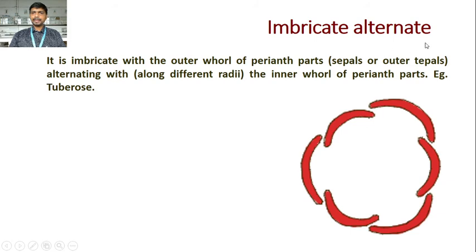Next is the imbricate alternate. This type of estivation is seen in the perianth, whose individual member is the tepal. It is imbricate, with the outer whorl of perianth parts alternating with the inner whorl of perianth parts. So there are two whorls, two rows. Here 1, 2, 3, these three tepals form one row or whorl.